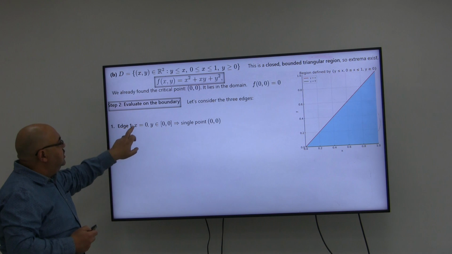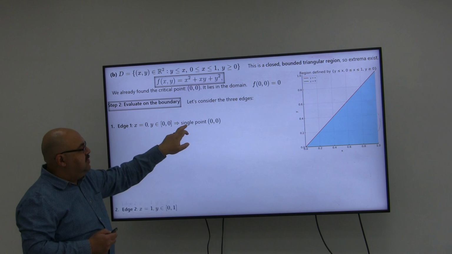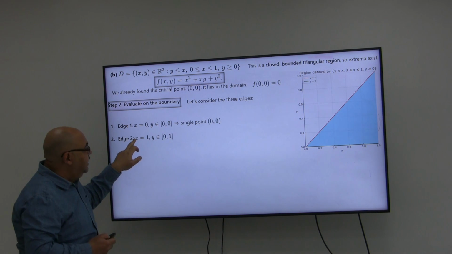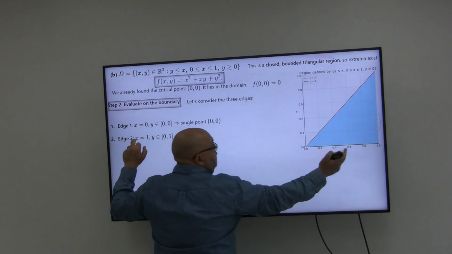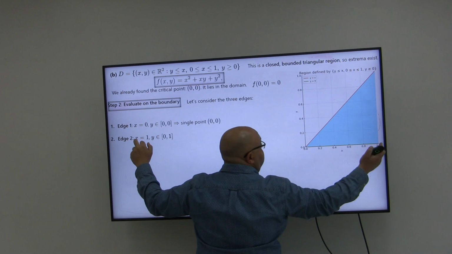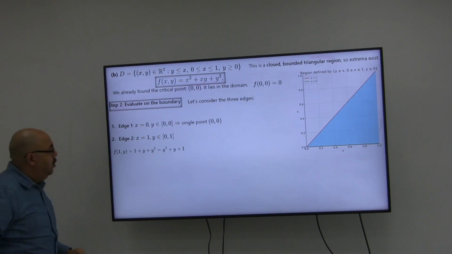The first edge is x equal to 0, and y belongs to 0 and 0, a single point: 0 and 0. Edge number 2 will happen at x equal to 1. That's the edge that I'm working with.